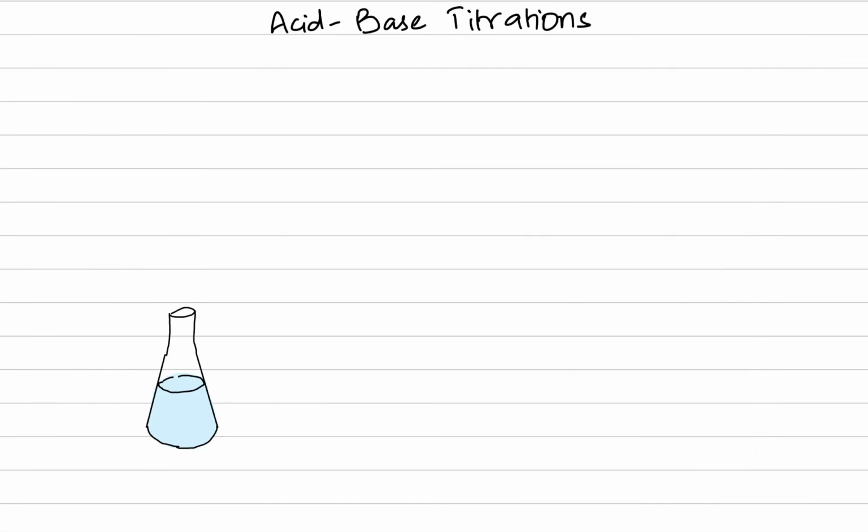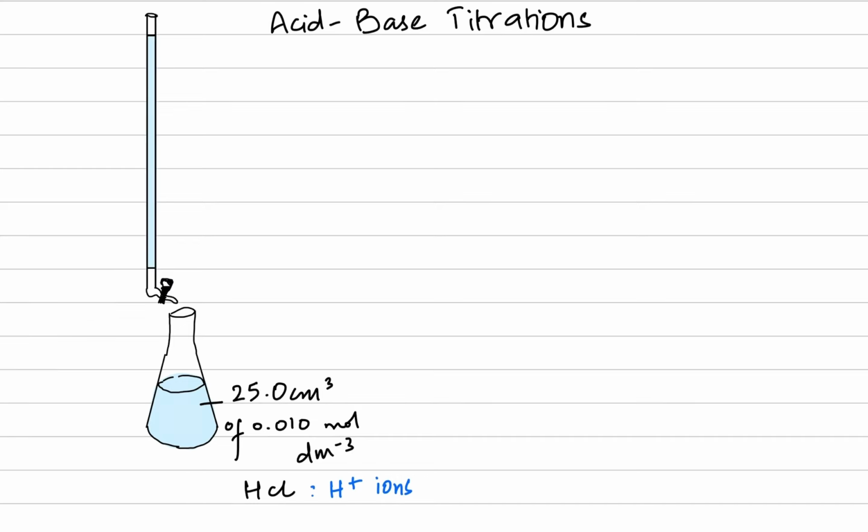Moving on, now we'll quickly recall acid-base titration. So imagine you have a conical flask with 25 centimeter cube of HCl, which has hydrogen ions in it, and you have a burette which has 0.0100 mole per decimeter cube sodium hydroxide within it.